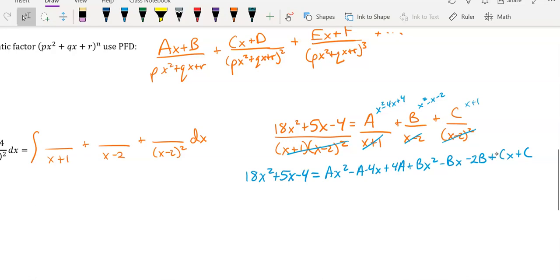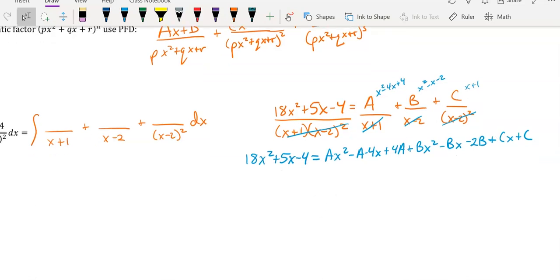Okay, and I'm using the same method I did on the first example, so I'm going to write a system of equations using the coefficients. Looking at my quadratic terms, I've got an 18 here, an ax squared, and a bx squared, so 18 is equal to a plus b.